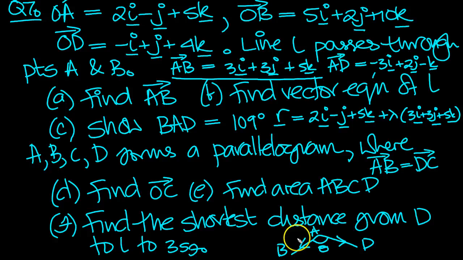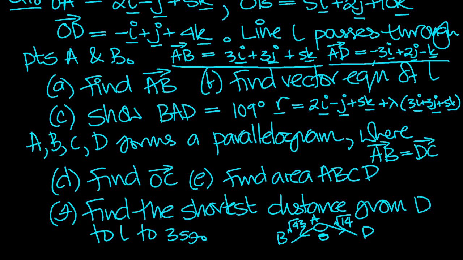So these lengths: AB length, 9 plus 9 is 18 and 25 is 43, so that length would be root 43. This length here, AD: 9, 1 is 10 and 4 is 14, so that's root 14. Just by looking at the modulus of these two vectors AB and AD. I'll just underline that there as well.